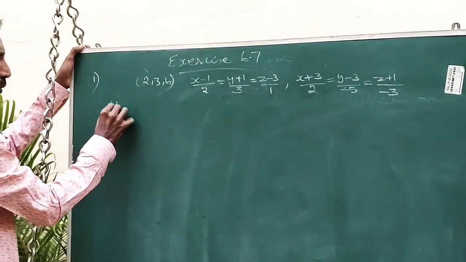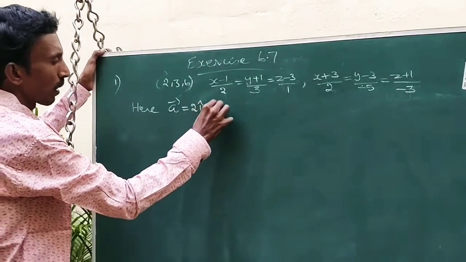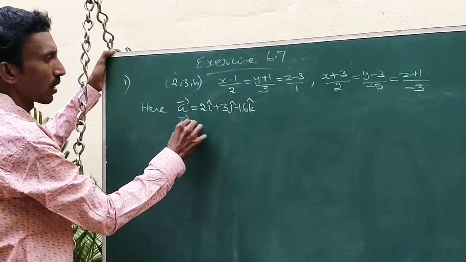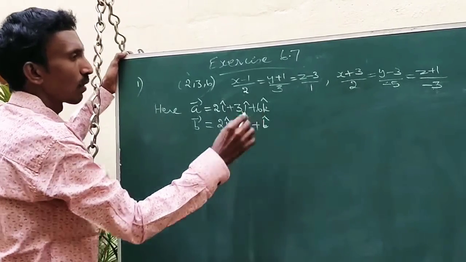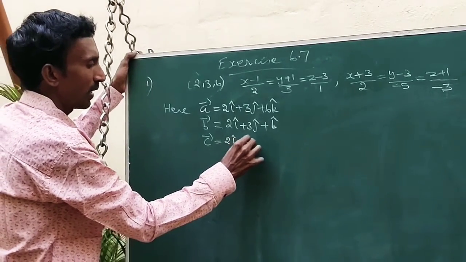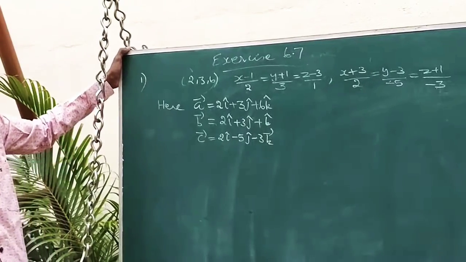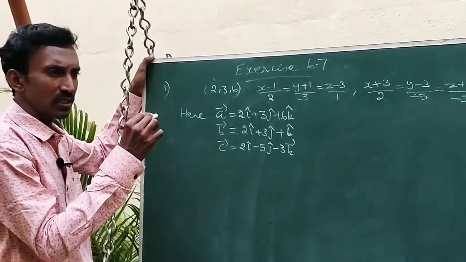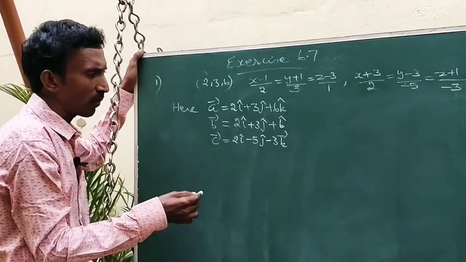So here we can write it directly: A vector equal to 2i plus 3j plus 6k, B vector equal to 2i plus 3j plus k, and C vector equal to 2i minus 5j minus 3k. So we can find the non-parametric form using the box product [R minus A, B, C] equal to 0. We can expand and get the non-parametric form.